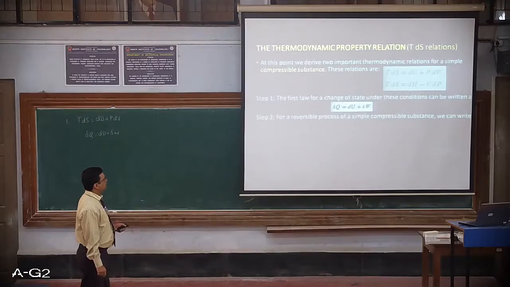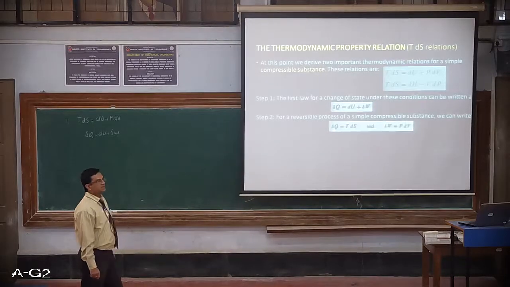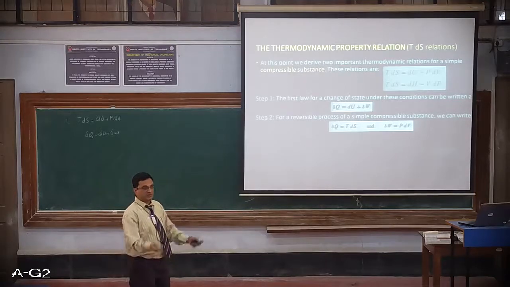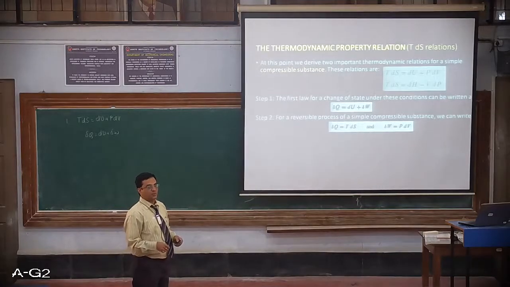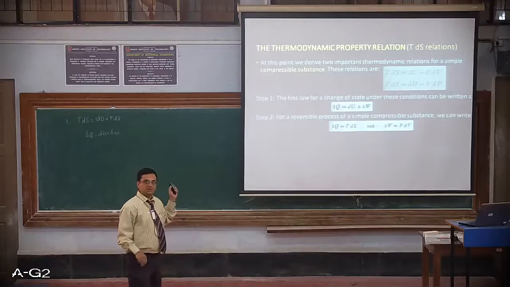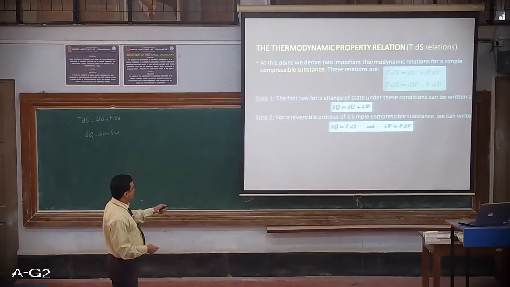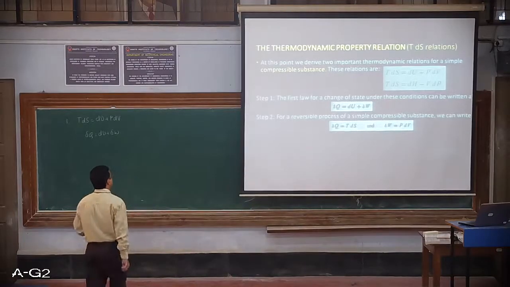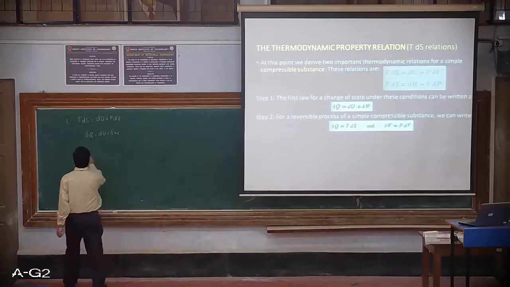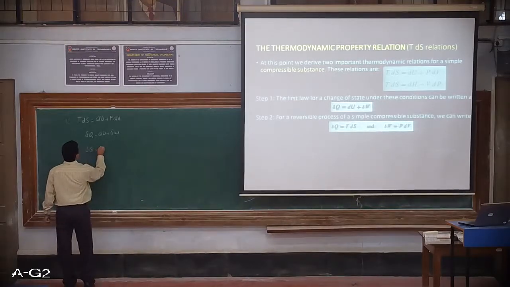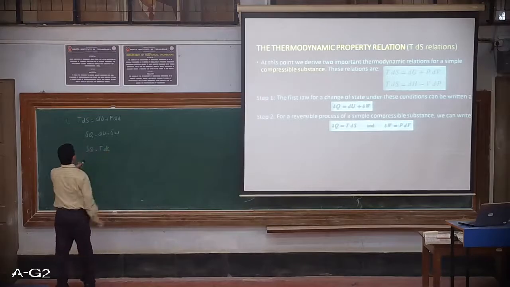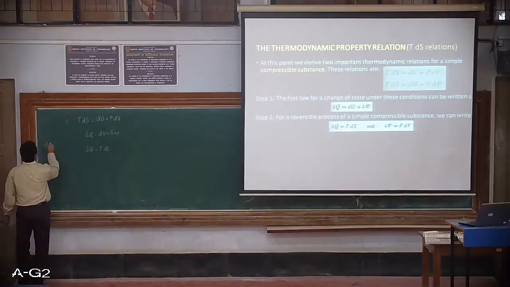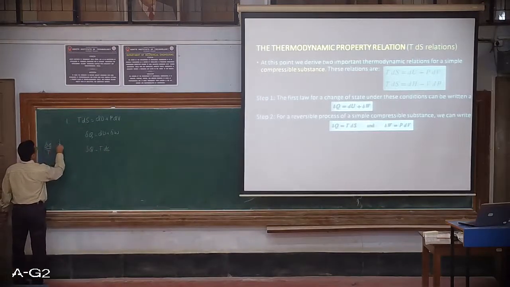of a simple compressible substance, we can write the entropy equations. Now we are going to recall the entropy equation. The first one is the energy equation from the first law. The second one is the entropy equation, which is written as delta Q is equal to TdS. So where has this expression come from? This expression has come from delta Q by T is equal to dS.